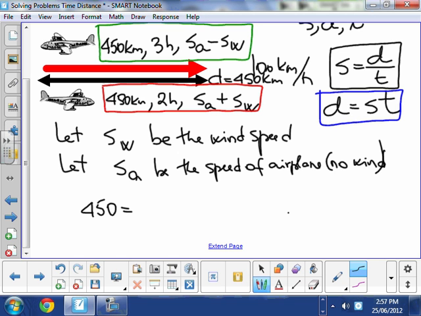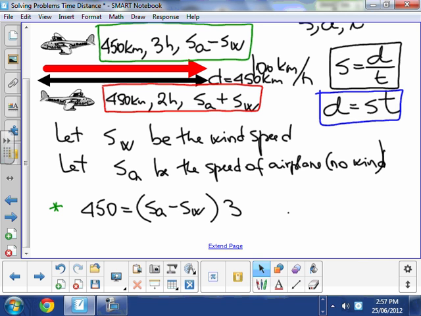Yes. Equals, how about we do the green part? Are you okay with that? That's fine. Okay, so I know that 450 must be speed times time. My time is 3 hours, I know that, and my speed is right there: SA minus SW. That's airplane minus wind, correct? That's correct.